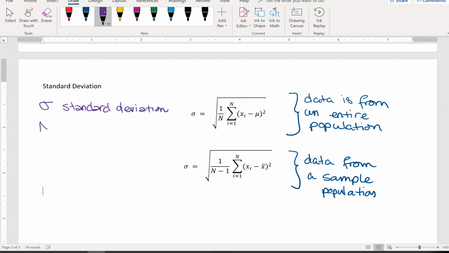The capital letter N is the number of values in our data set. This is how many values we've collected. X i represents each data value.